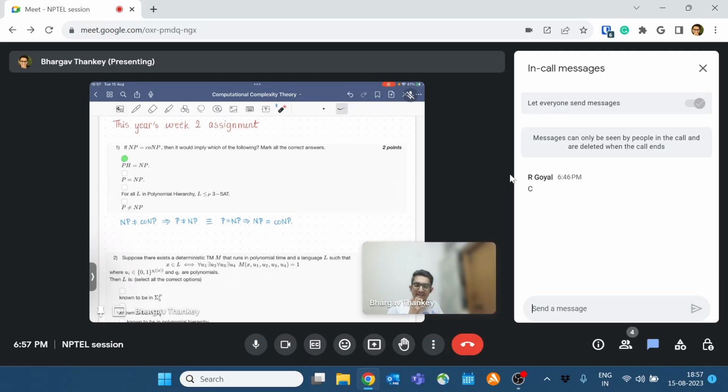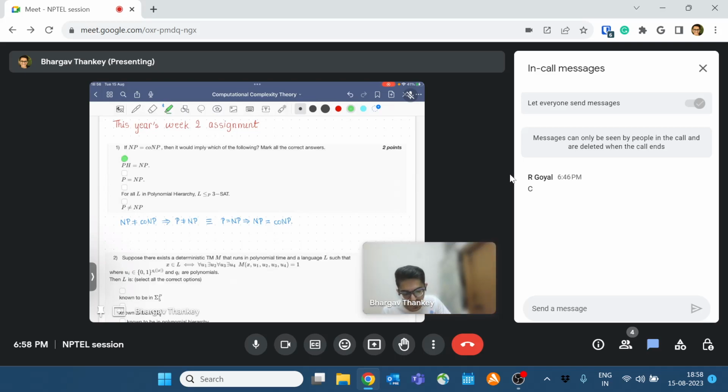Yes. Okay, so just because NP equals co-NP, we cannot say anything about P equals NP, at least not yet. We don't have any connection. So B is not true, at least as of yet. And what about C? C will be correct.